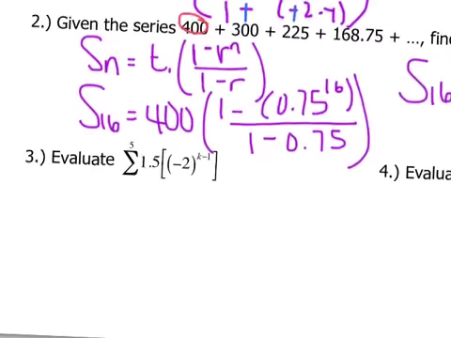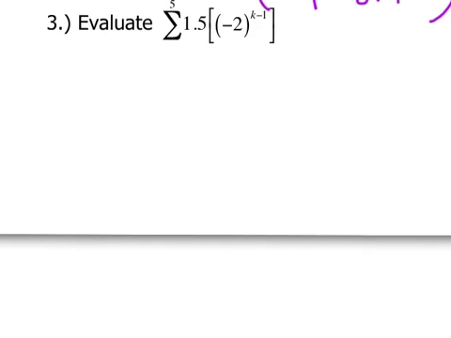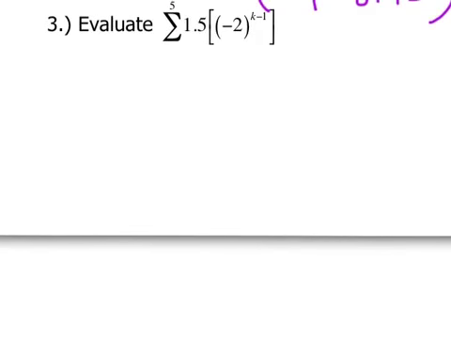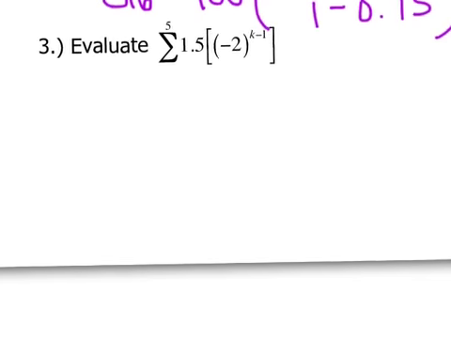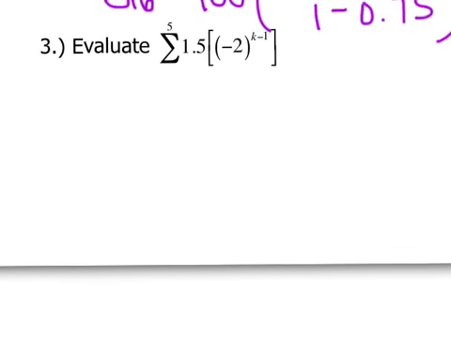The next couple series that you see are written in summation notation, which we haven't worked with in a while. What you have to understand from the summation notation is a couple different things. The number listed first is your first term.